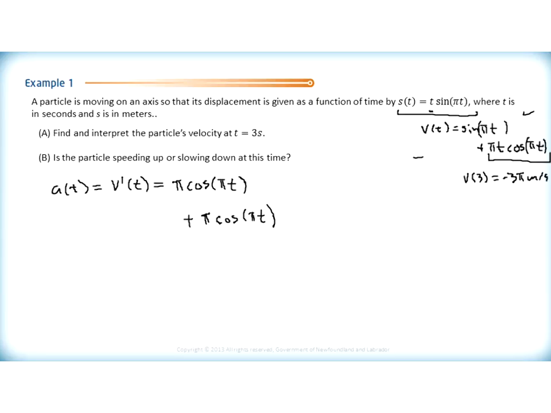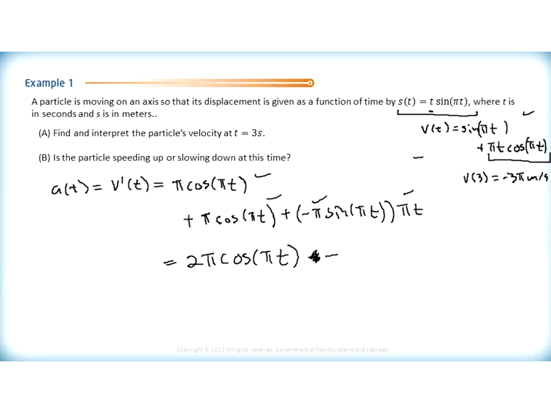And then the derivative of the second bit will be negative sine, so negative pi sine of pi t, multiplied by the first bit, which we already knew was pi t. Putting all this together, these two terms are identical, so let's take 2 of them. So 2 pi cosine of pi t, plus negative pi squared t times the sine of pi t.